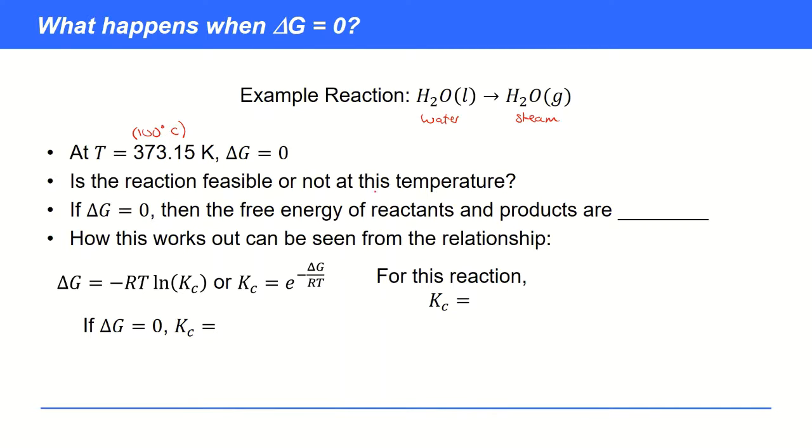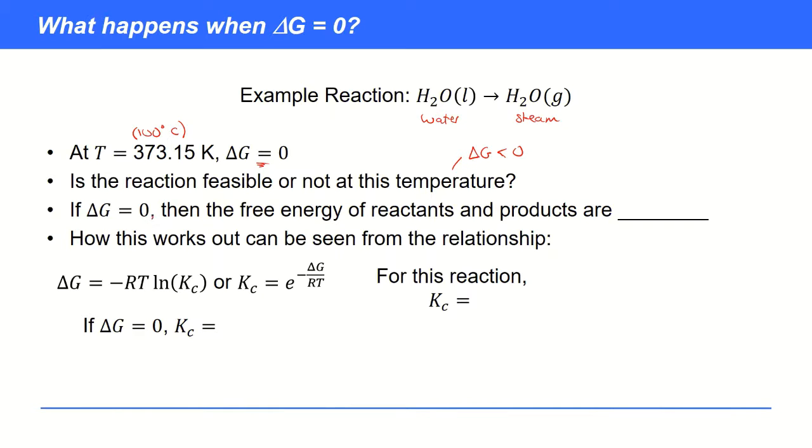Now, is the reaction feasible or not at this temperature? The condition for feasibility is that delta G must be strictly less than 0. We can probably understand why delta G bigger than 0 would give an unfeasible reaction, but what about delta G actually equal to 0?